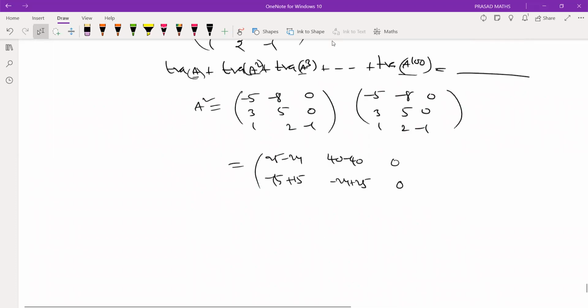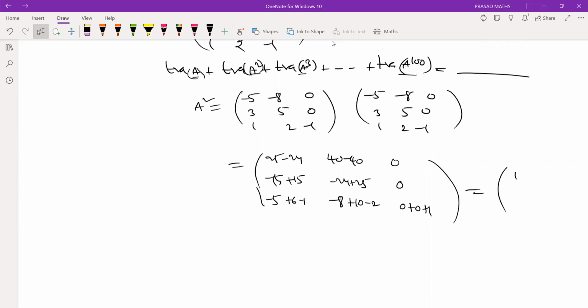Next -5 plus 6 is 1, -8 plus 10 is 2, 0 plus 1. So what are you going to get? 1 0 0, 0 1 0, 0 0 1, the identity matrix. Therefore, A cube is also A, A power 4 is also I, and A power 100 by induction is I.